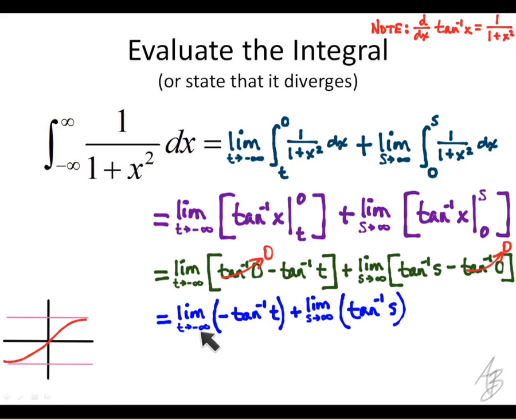So as t approaches negative infinity, what does the arctangent of t approach? Negative pi over 2. So we have the opposite of negative pi over 2 here, which is going to be pi over 2. And then as s approaches positive infinity, what does the arctangent of s approach? Pi over 2. So what we end up with is pi over 2 plus pi over 2, which is pi.